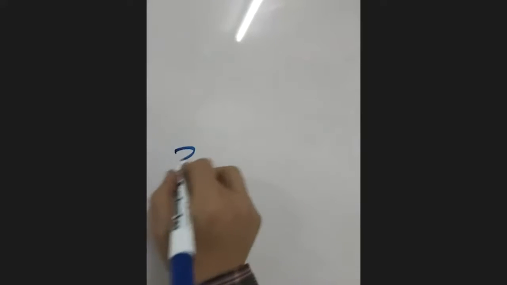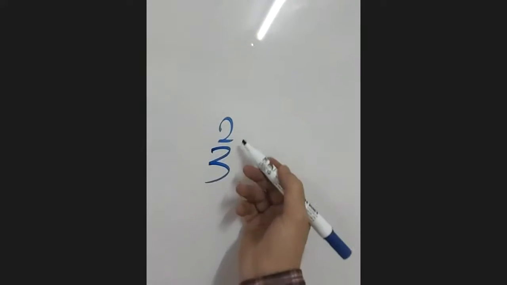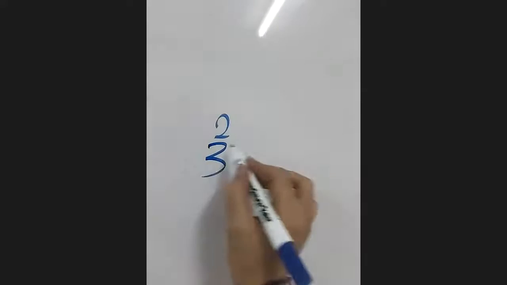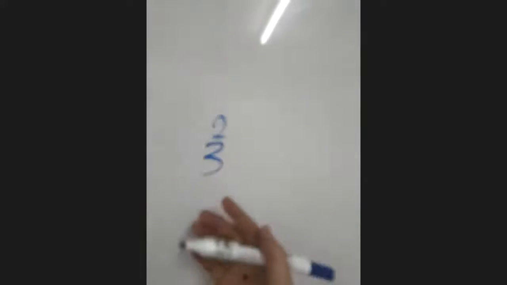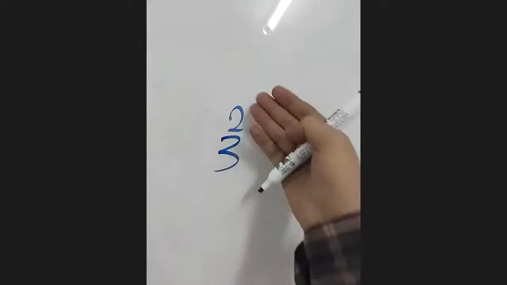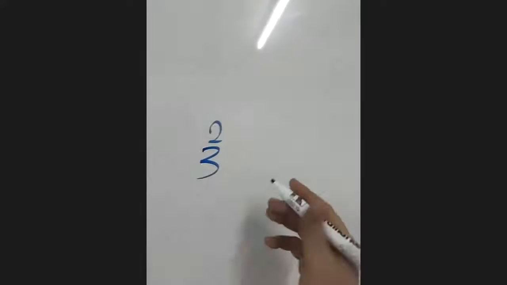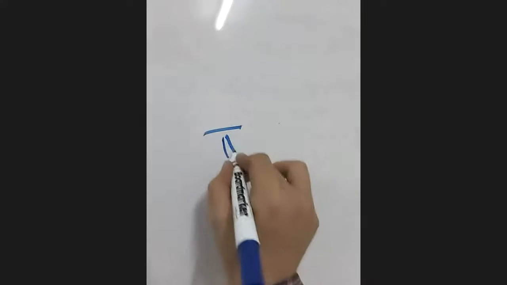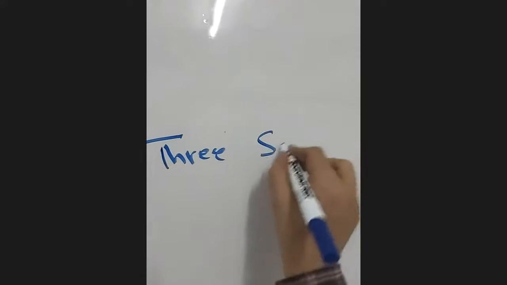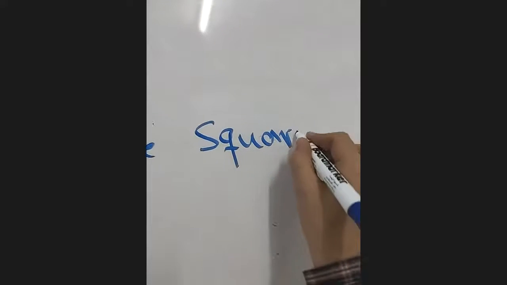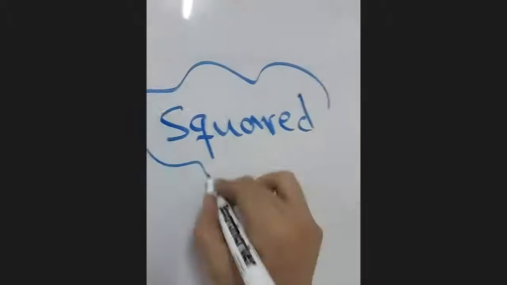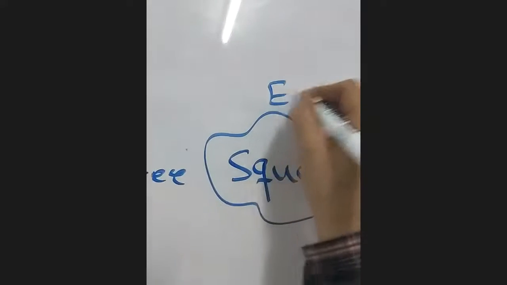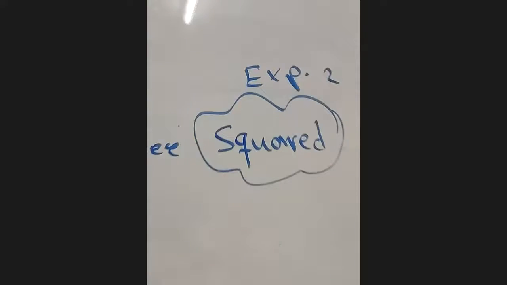Now, any number raised to the exponent or power 2, we call this power squared. So here we can say 3 to the power 2, 3 exponent 2, or 3 squared. Squared means exponent how much? 2.